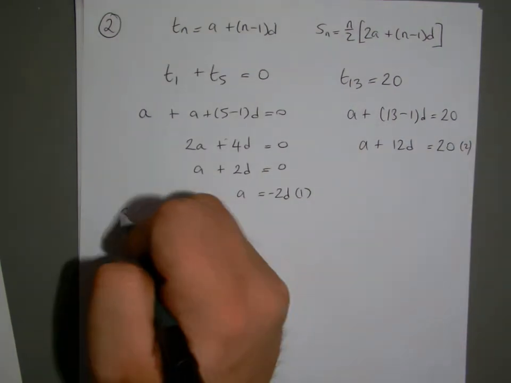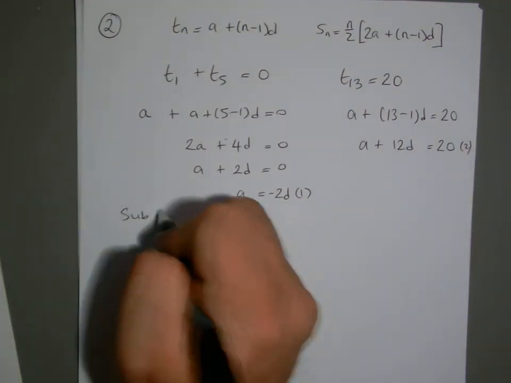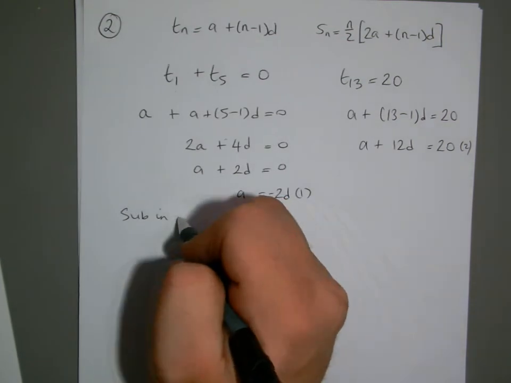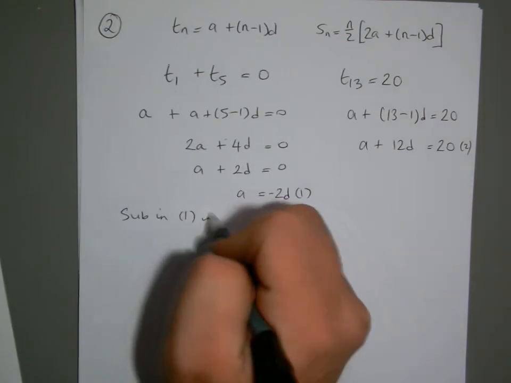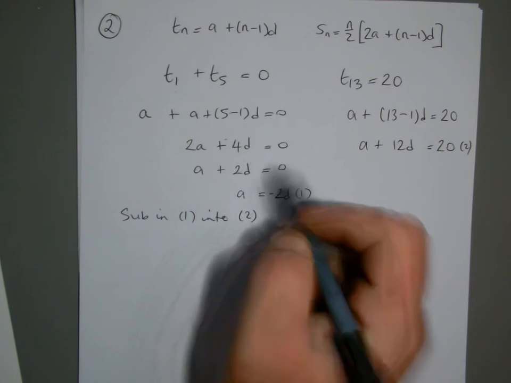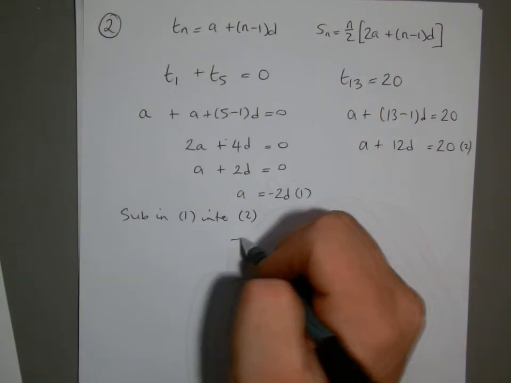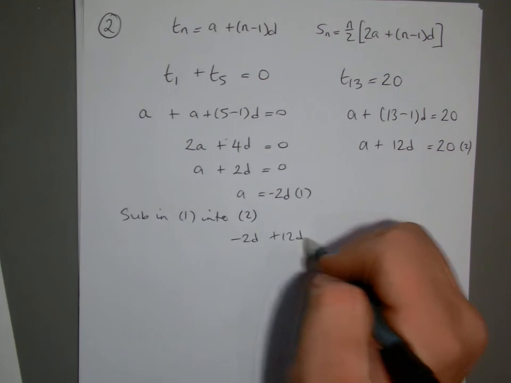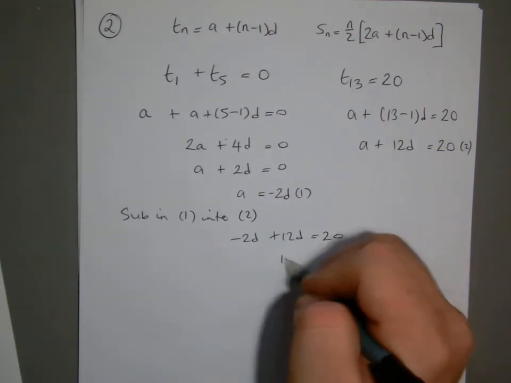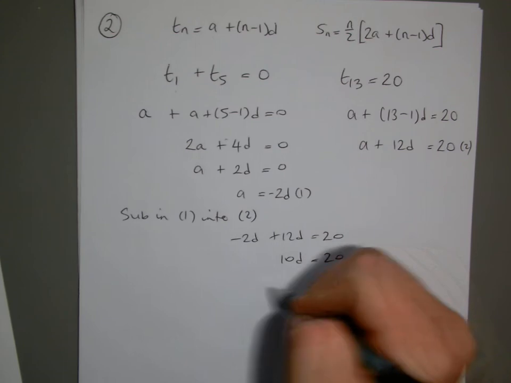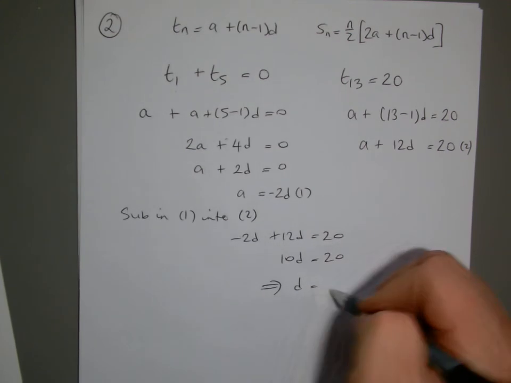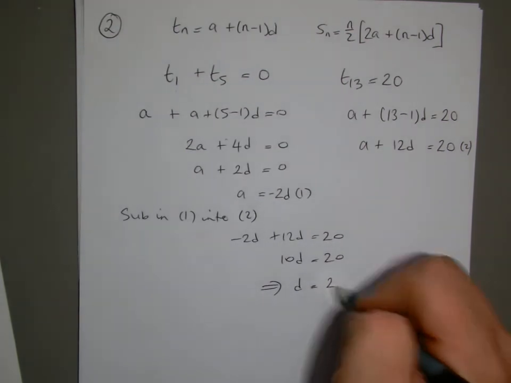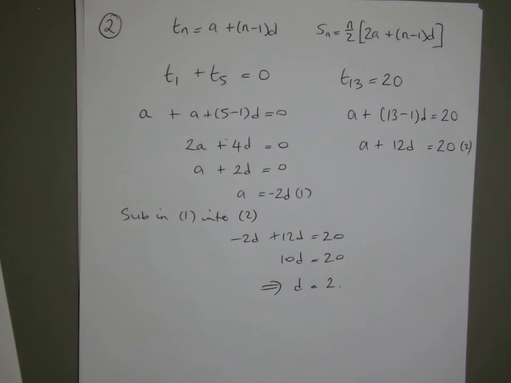And as we did before, we're going to sub in 1 into 2. So minus 2D here for A plus 12D is equal to 20. So 10D will equal 20, which implies then that D will equal 2. So we found the common difference.